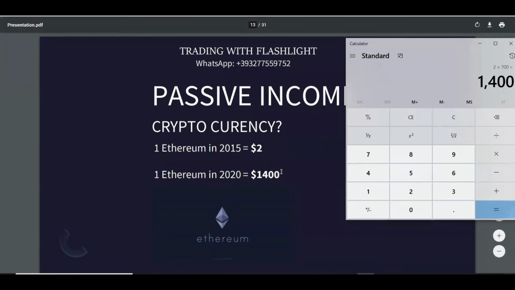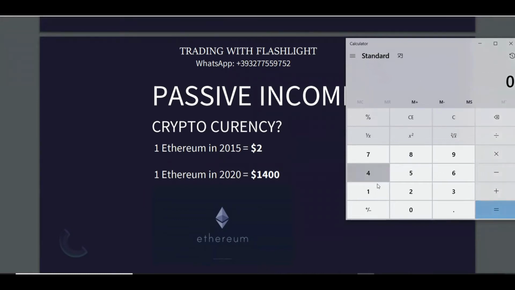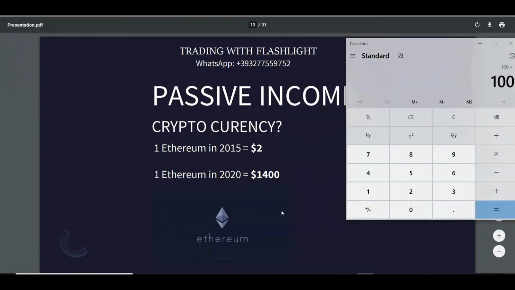In this second cryptocurrency called Ethereum. So let's make a simple start. Somebody that just put $100 in 2015 and bought one Ethereum, now 5 years later, times 70,000 of profit percentage, the person is earning $70,000.